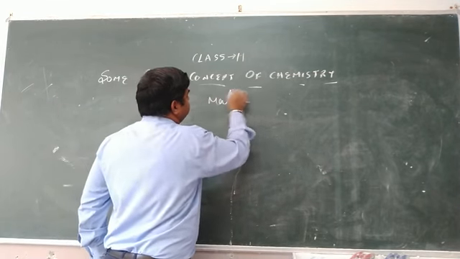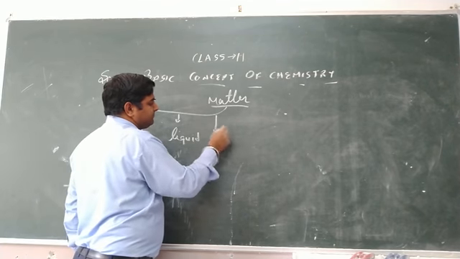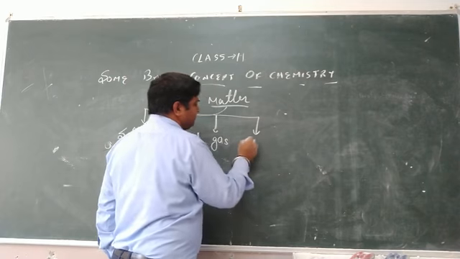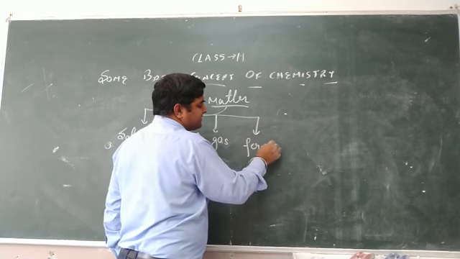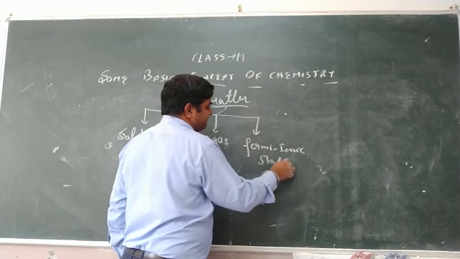Matter has different states. First is solid, second is liquid state, third is gases, fourth is Fermionic state, which is the latest state.